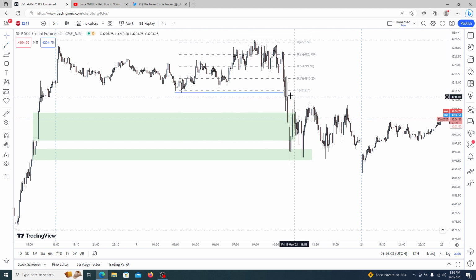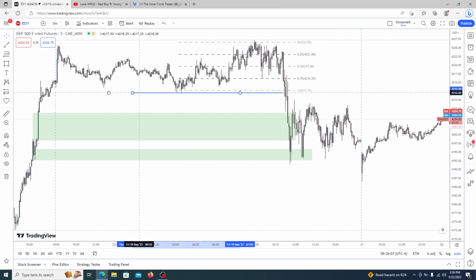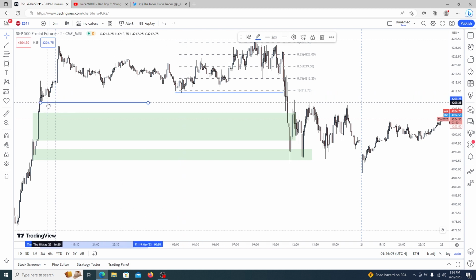In a sense, that would be a draw on liquidity. Then we also have this low right there, which is another draw on liquidity.